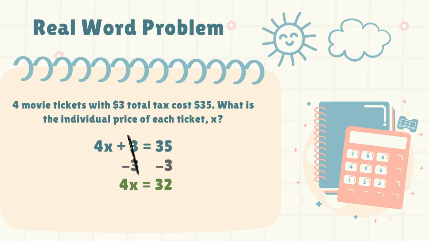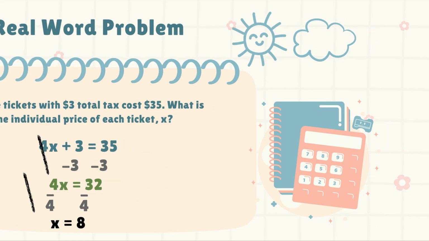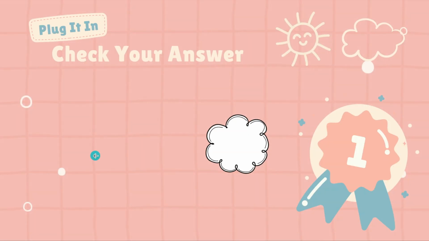Now 4x, that stands for multiplication because they're right next to each other. So how do I reverse multiplication? I divide. 4 divided by 4 crosses each other out. And now x equals, what's 32 divided by 4? 8. X equals 8.